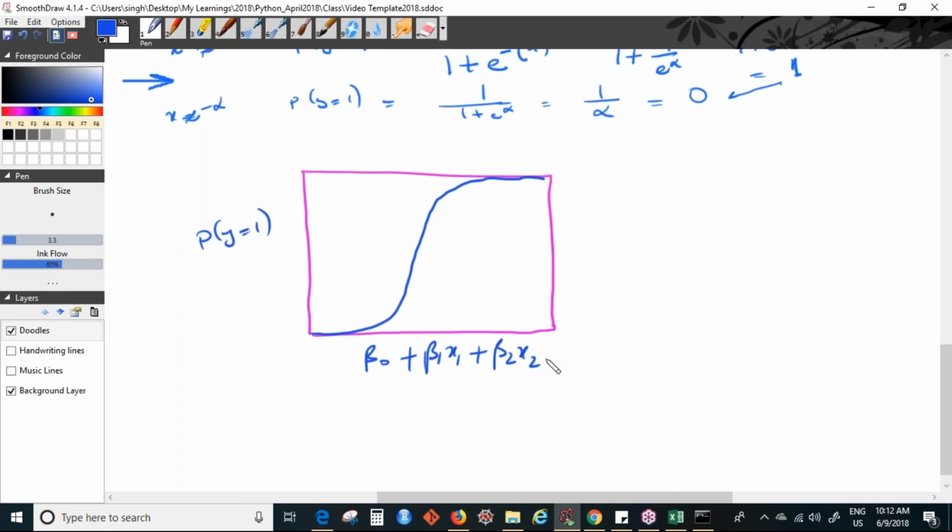Okay, so this is also known as S curve. Now remember what is on the y-axis and what is on the x-axis. Don't forget this. Just remembering the graph is very easy. It is an S curve, we all will remember. But also remember what is on the x-axis and what is on the y-axis. That is where people get confused. This is the linear regression line, or theta, and this is what is on the left hand side, the probability of y is equal to 1.